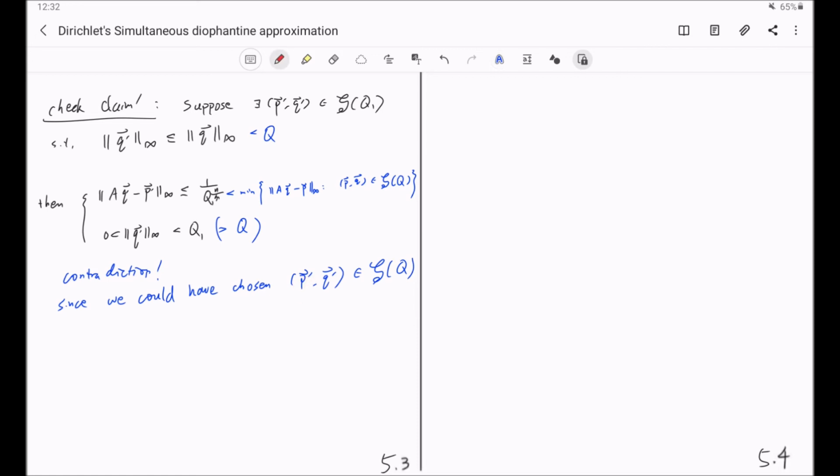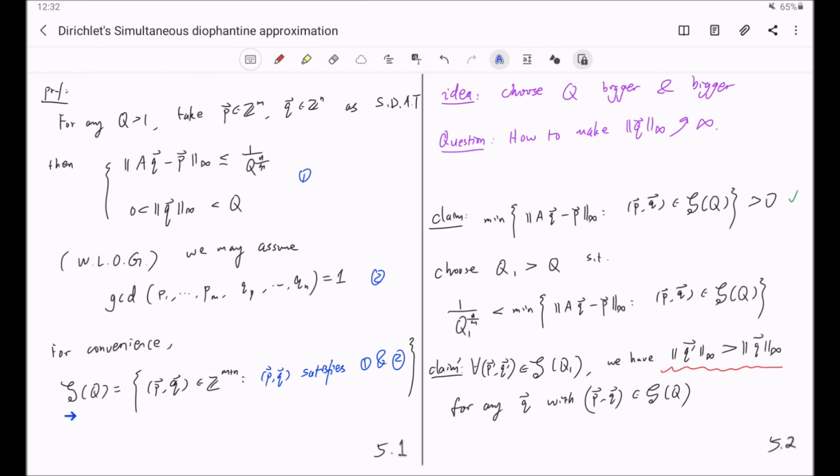So the contradiction is that this part contradicts this inequality, because S of Q already consists of all possible choices of P, Q such that 1, 2 hold.